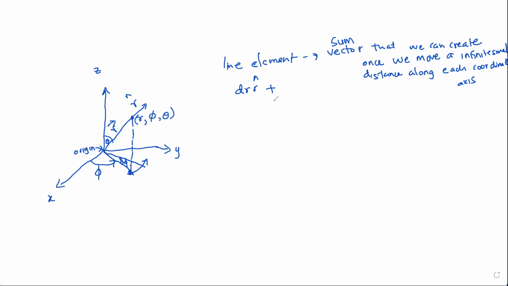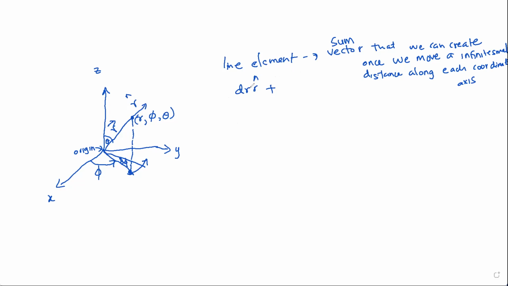So when we define the line element, we need to go along the coordinate axes r, theta, and phi. So along the r axis, we can go a distance of dr. Dr is the smallest distance we can go along the r hat direction, right?